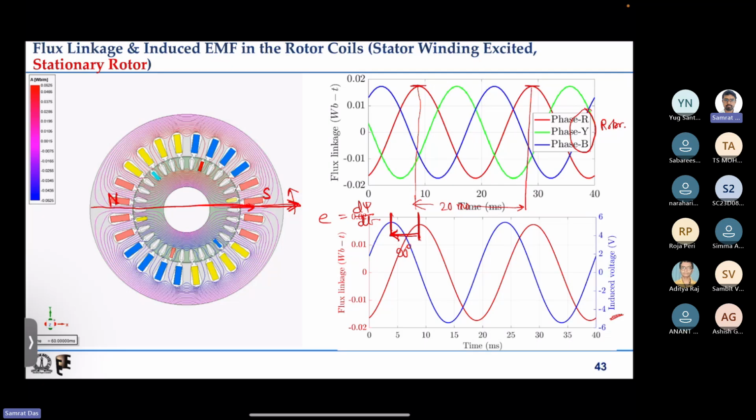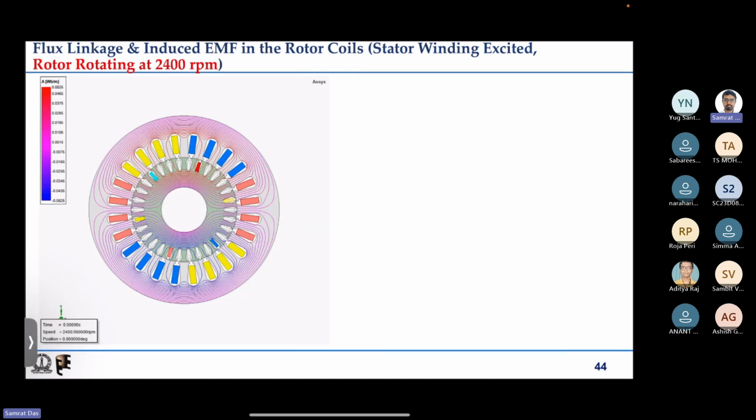And we have the induced EMF, the induced voltage across the R phase coil in the rotor, and similarly the Y phase and B phase coils will also have some induced EMF across them, and they will also lead their corresponding flux linkages by 90 degrees. That is clear. Now we'll go step by step.